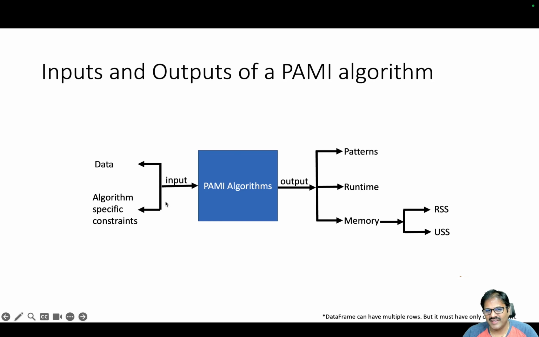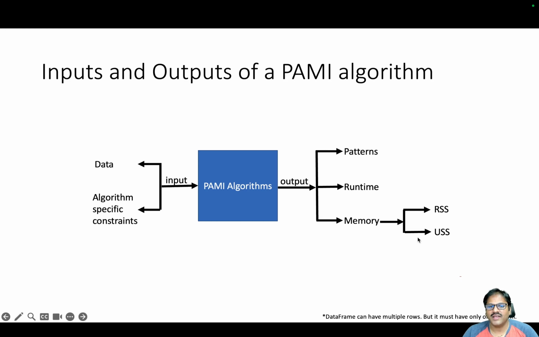Output is going to be the patterns, the runtime taken by the algorithm, and the memory. So we are going to output two types of memories. The first one is RSS memory and the other one is USS memory.